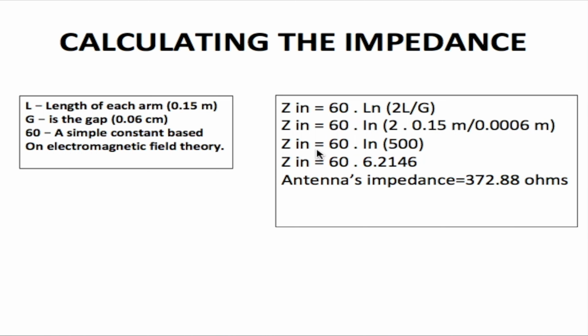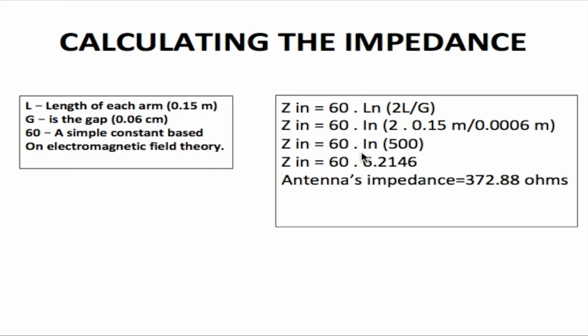So Zn is equal to 60 times Ln times 500. Now I got 500 by doing my multiplication and division here. 2 times 0.15 meters divided by 0.0006 meters, and I get 500.